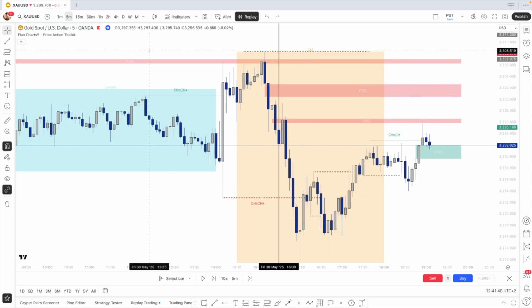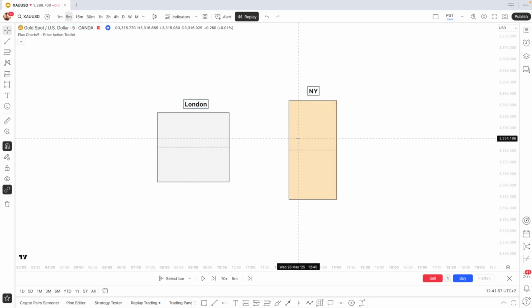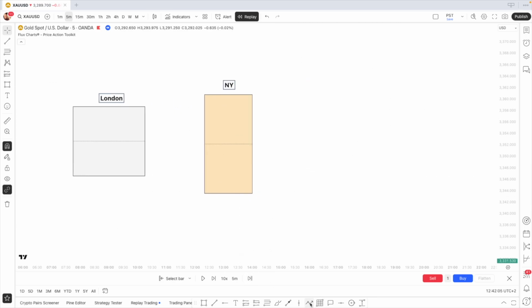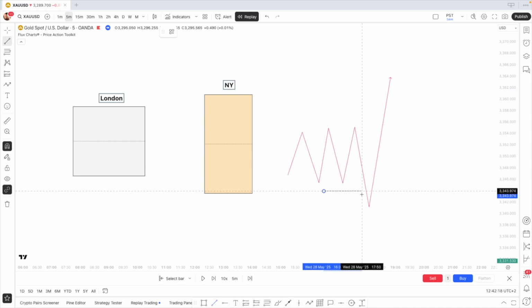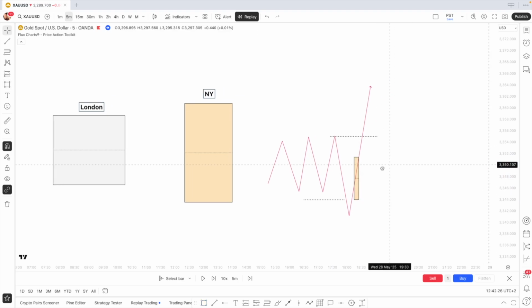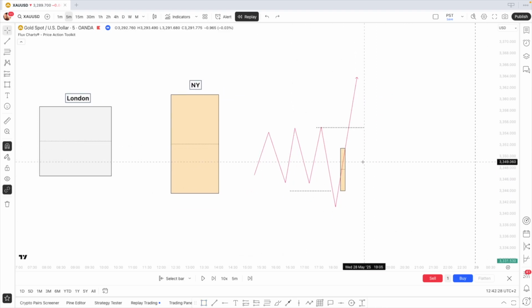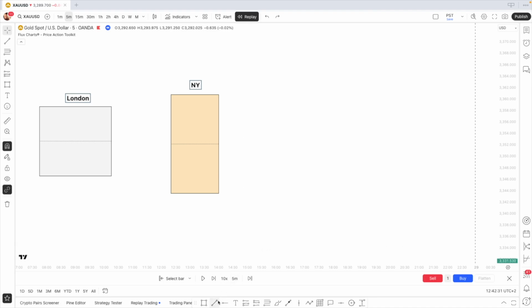So let's quickly just recap. We have our London session, we have our New York session. We wait for price to either take a sweep or a continuation where you look for your pattern. So if you have this option 1, entry model 1, wait for a sweep to continue up. Inside of this sweep, we need to take the liquidity, we need to have a market structure shift, and we need to have a fair value gap for us to enter in the opposite direction for a continuation.